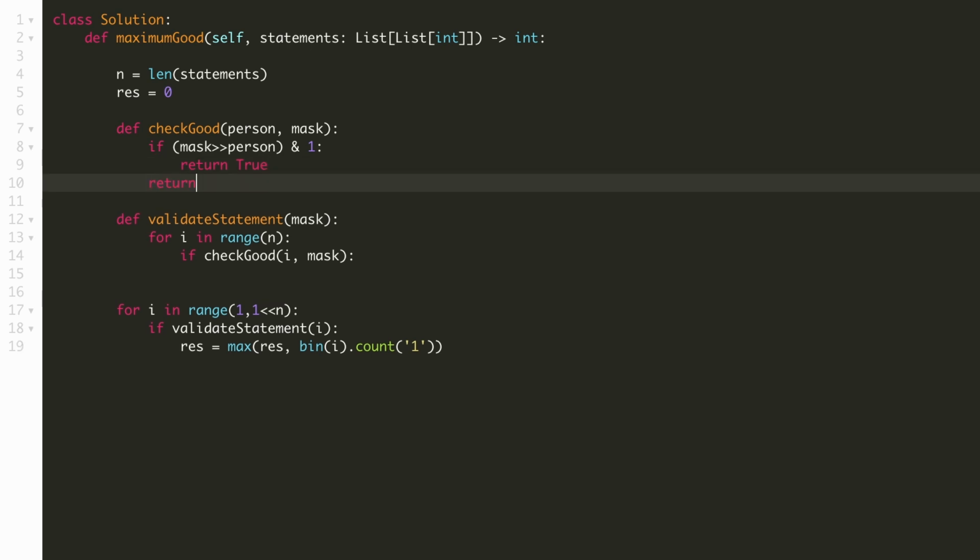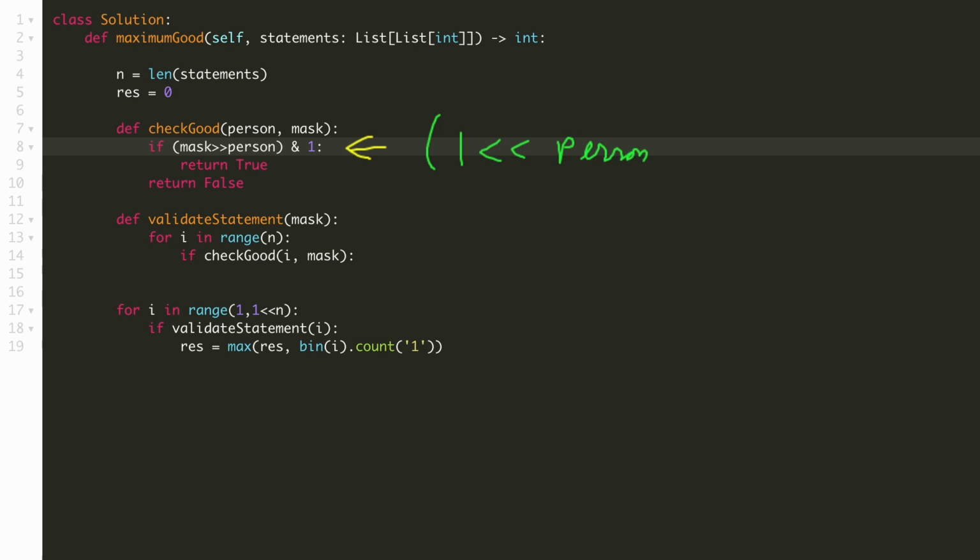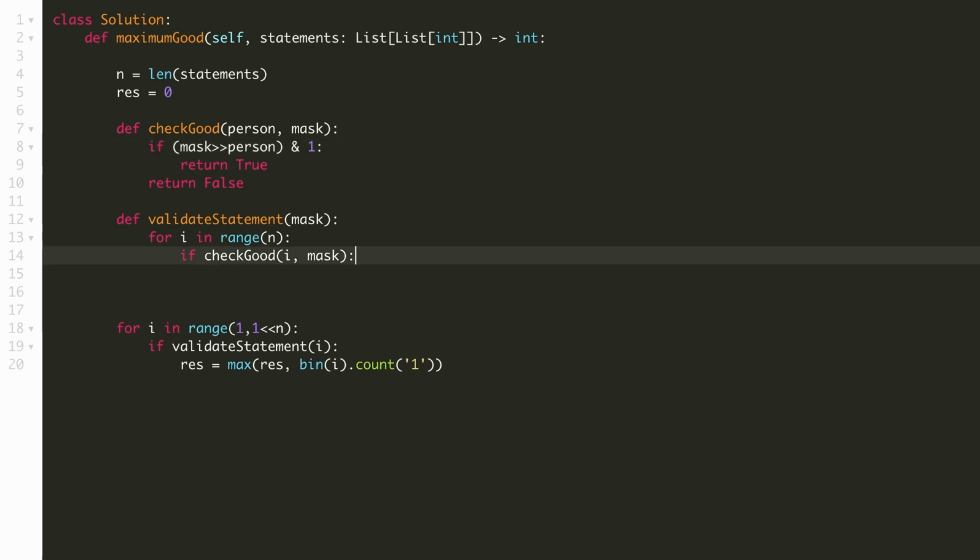Else return false. This part could also be written as left shift 1 by person bits and AND it with mask. So now we are done with our helper function, and if that is a good person, then we would have to validate his statements and make sure that it does not contradict our original mask.